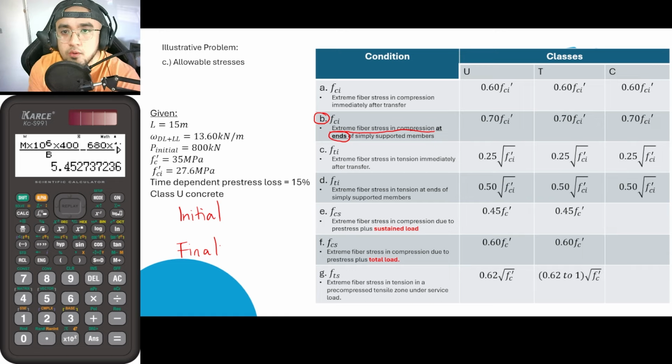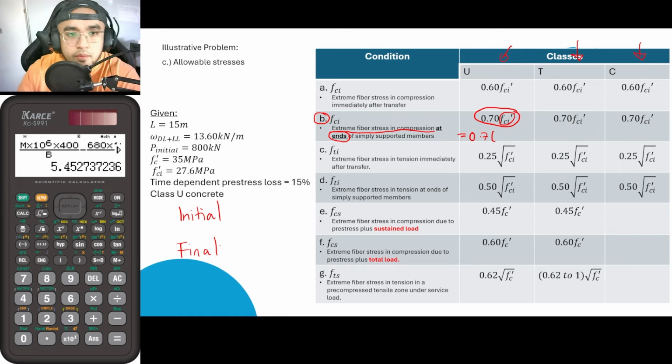And if we were now to choose from these columns here, it was stated in the problem that we will now be analyzing the uncracked. Okay? So meaning, we will be making use of 0.7 FCI prime. And that is now equal to 0.7 times what? That is now the compressive strength initially.